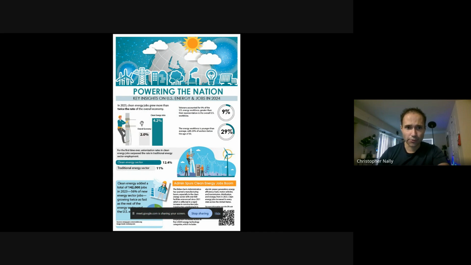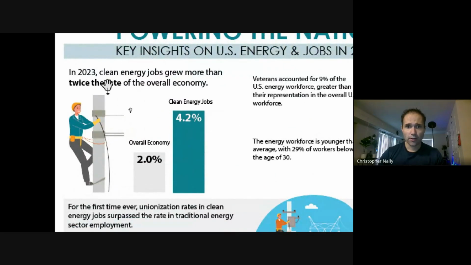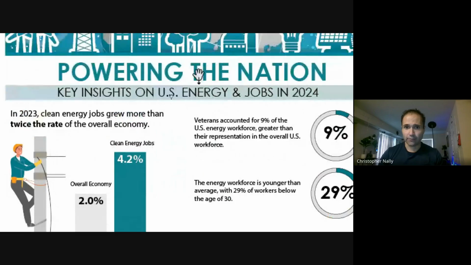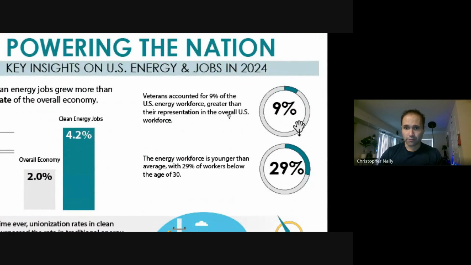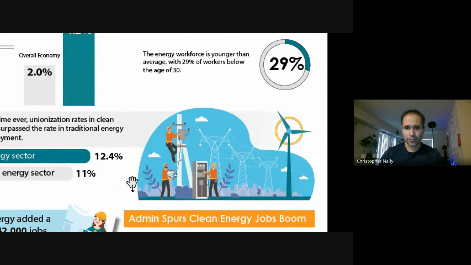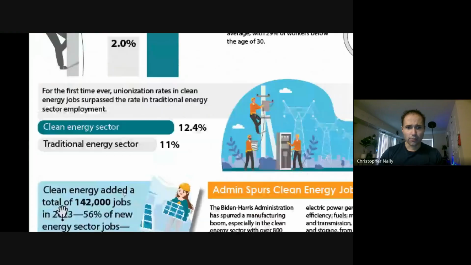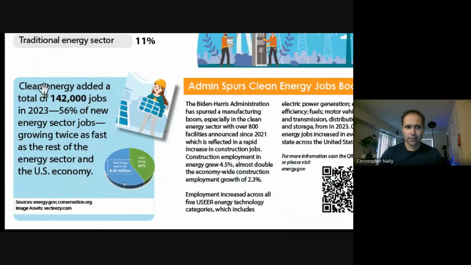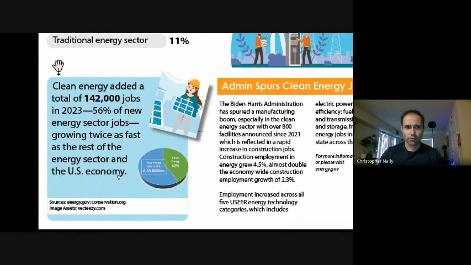Now, if I look at this infographic, notice a couple of things. We have bits of information that break down this topic by the use of charts. We are using illustrations. We are also using what is known as high-fact or high-interest facts, like clean energy added a total of 142,000 jobs.